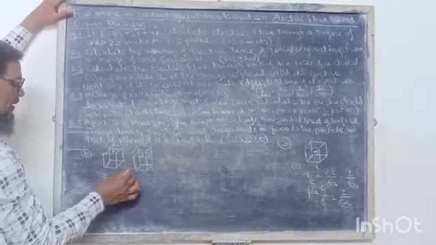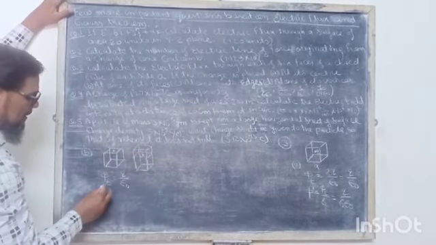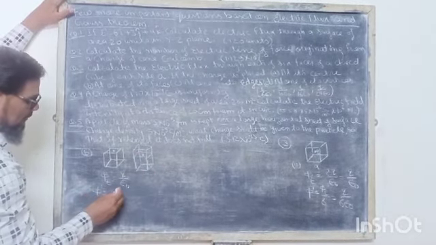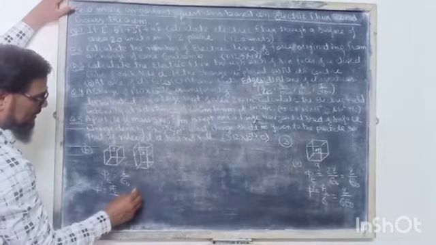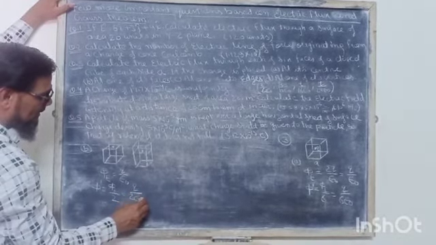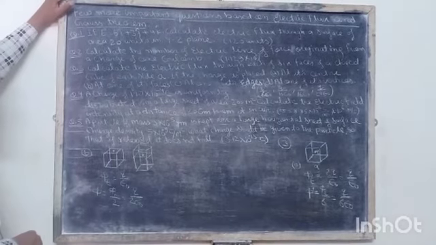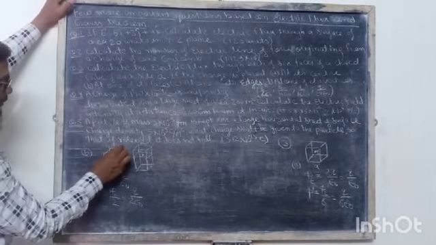This is considering the 2 cubes, and phi dash is equal to, for each cube, phi E by 2, means Q upon 2 epsilon naught for this cube.